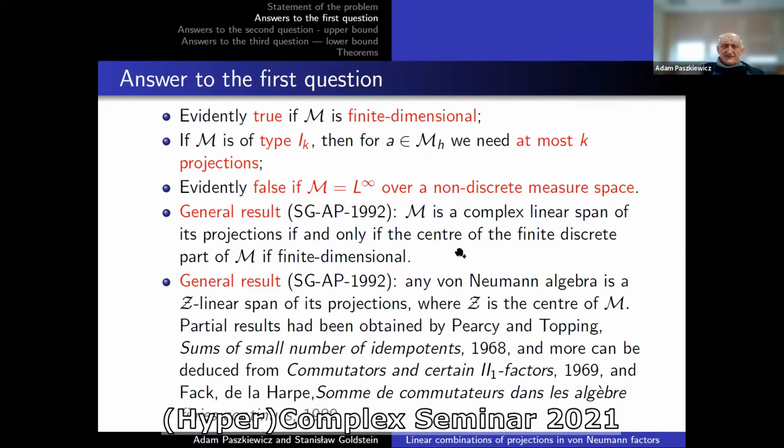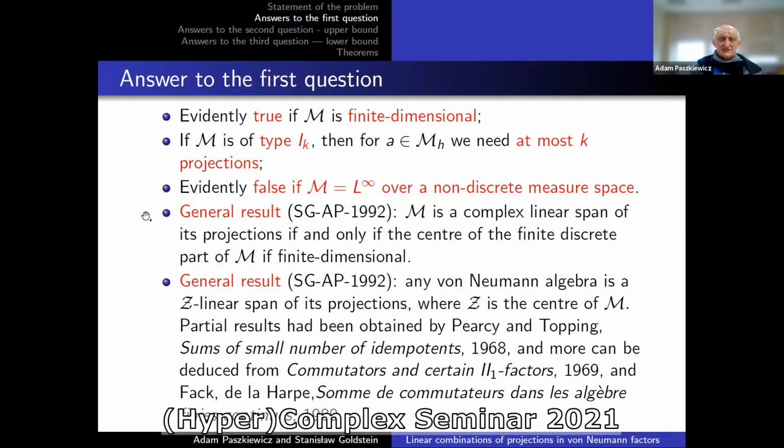So if we have one factor, then an operator can always be represented as a finite number of projections. And if I take an integral of such von Neumann factors, then all depends on the space and the measure used in this integration model of the algebra.